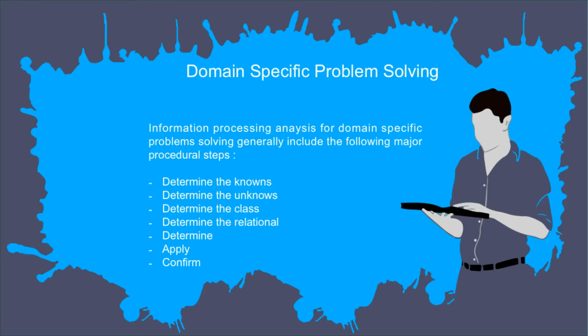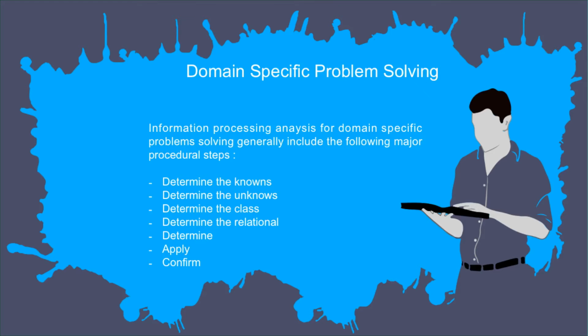Domain-specific problem solving. Information processing analysis for domain-specific problem solving generally includes the following major procedural steps. There are 7 steps here. The first is determine the knowns, the givens. Second, determine the unknowns, the problem. Third, determine the class of problems to which this problem belongs.